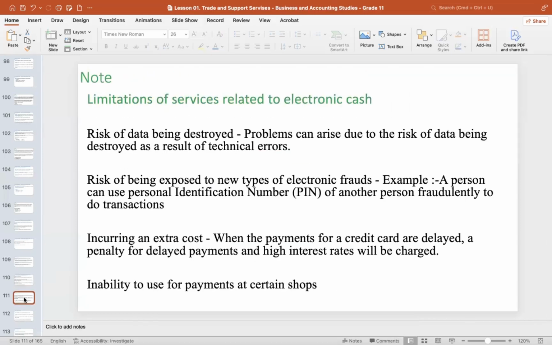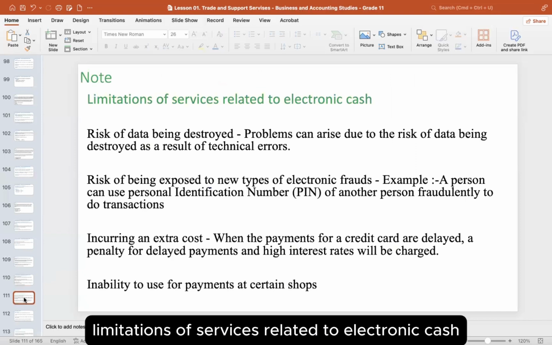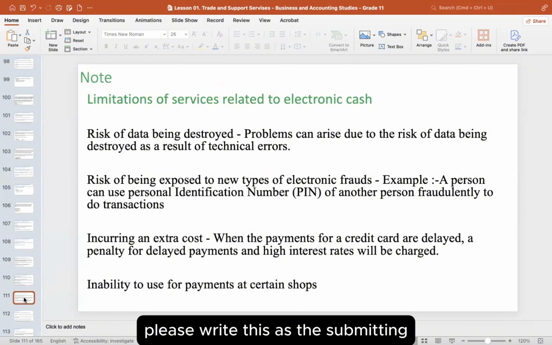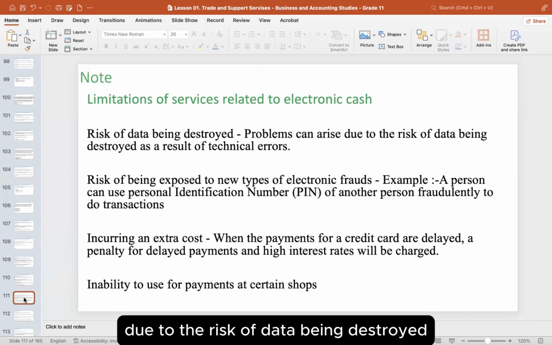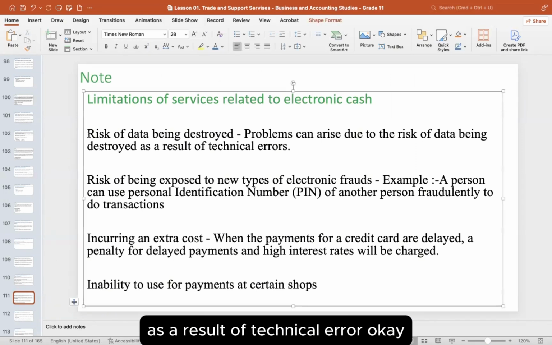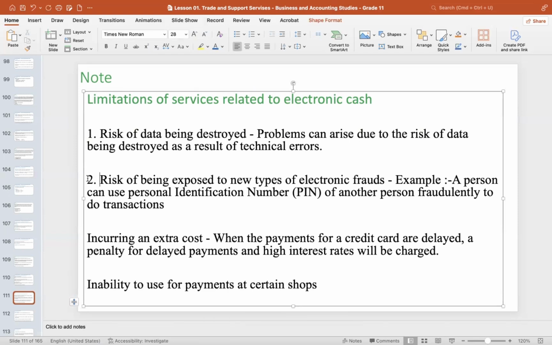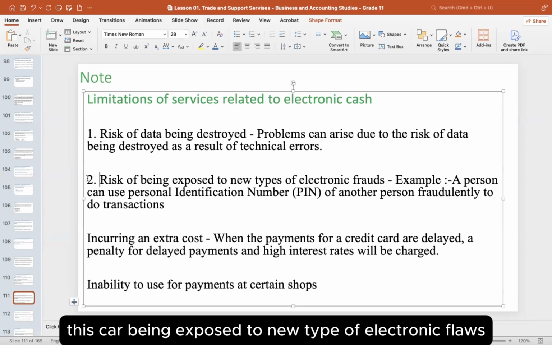And take a couple of minutes and write this. I will read this out. Limitations of services related to electronic cash. Please write this as the subheading. Then risk of data being destroyed. Problems can arise due to the risk of data being destroyed as a result of technical error. Okay. Then secondly, risk of being exposed to new type of electronic frauds.